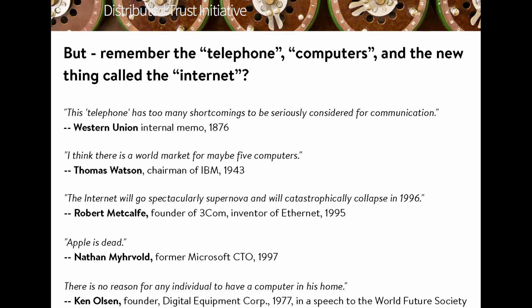And if you look back in the history of computers or technology or cryptography, of course, there's been an incredibly long list of naysayers. Classic examples are the telephone is not particularly useful. World market for computers is maybe not more than 5.